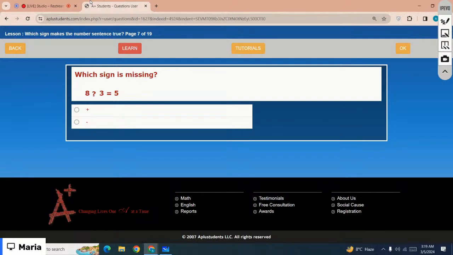Yes, the correct option is subtract, minus, that is, you need to subtract: 8 take away 3 equals 5. The correct option is subtract. Option number 2 is the correct option.